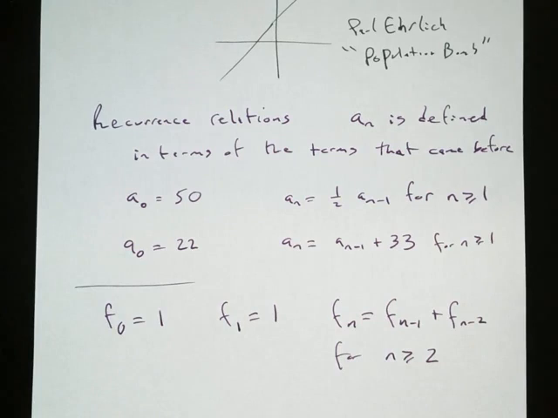That's F0 and F1. Then to get F2, you add those two numbers. F2 is F1 plus F0. F3 is F2 plus F1. Each number is the sum of the two numbers that came before it.